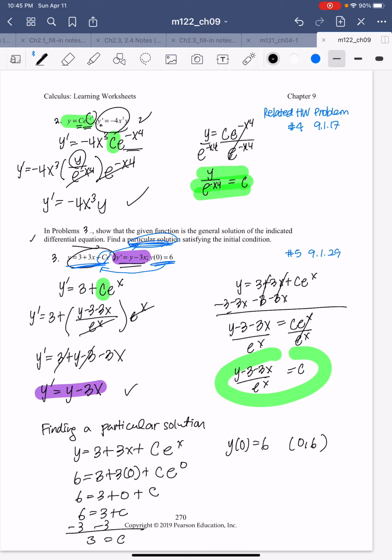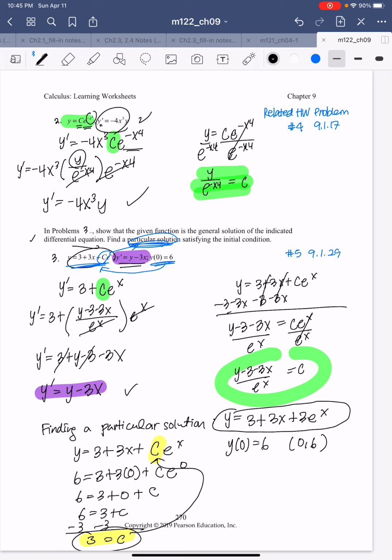So our particular solution is y is equal to, you solve for c, that's what the c value is, 3 plus 3x plus 3e to the x. That will be our particular solution that satisfies the initial condition.